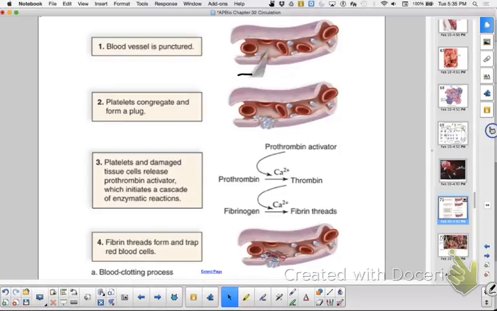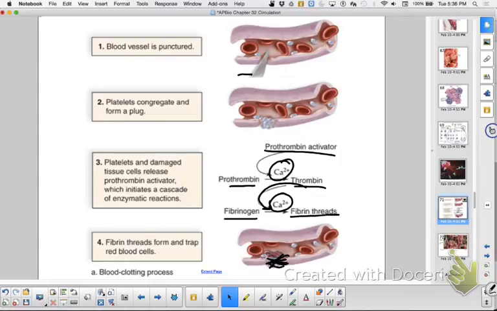And platelets are at that area trying to form a plug, and you have prothrombin activator along with calcium, you have to have that, converts prothrombin to thrombin. Then this thrombin, along with calcium, will make fibrinogen form these fibrin threads. And these fibrin threads go across the wound.